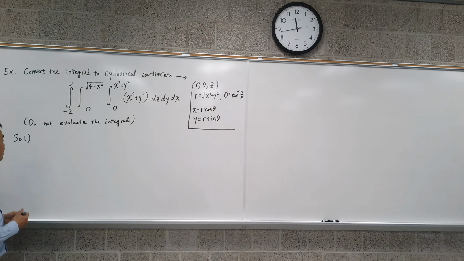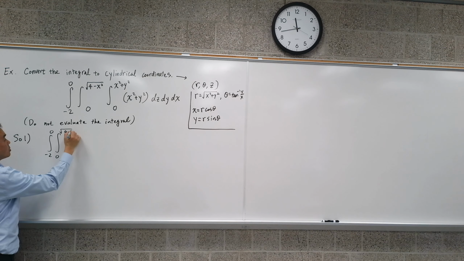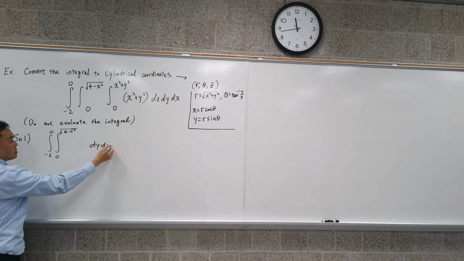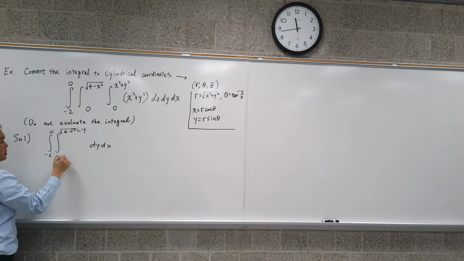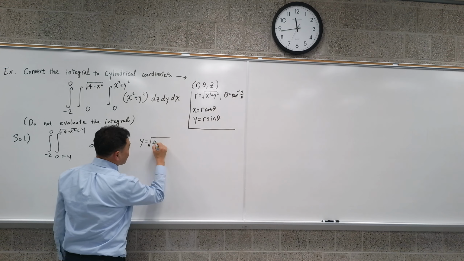So let's just look at what this is. Since this one is dy dx, this is really y equals to 0. So let's think about what this is. y equals the square root of 4 minus x squared.